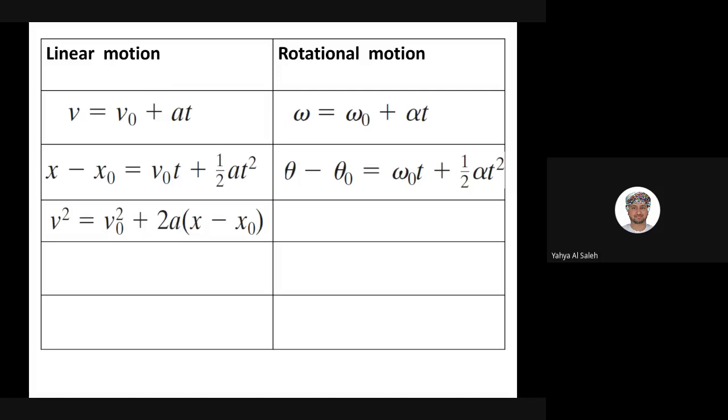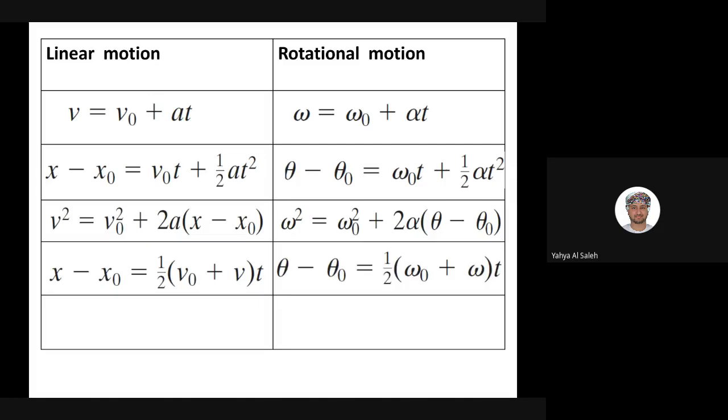V squared equals V naught squared plus 2A delta X becomes omega squared equals omega naught squared plus 2 alpha delta theta. Delta X equals half the sum of the velocities, times t. Same thing, but for angles. And so on and so forth.